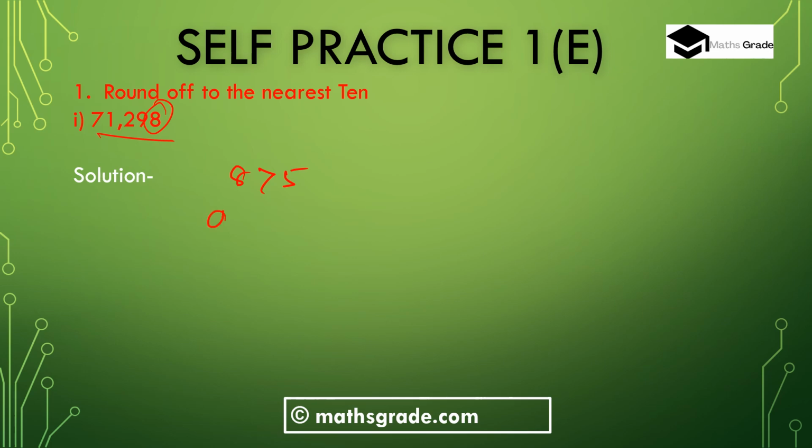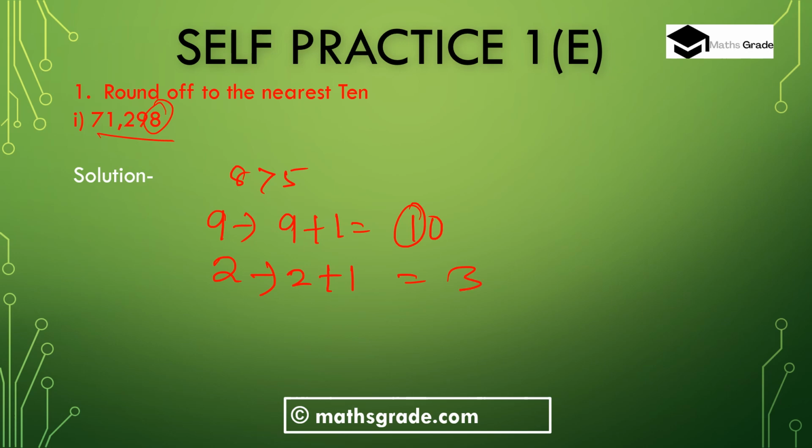The tens place digit is 9. 9 changes to 9 plus 1, which is 10. And add the carryover 1 to the 100 place digit. Here the 100 place digit is 2. So 2 changes to 2 plus 1, that is 3.